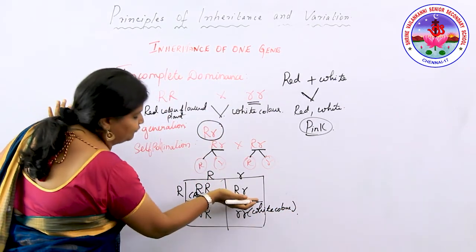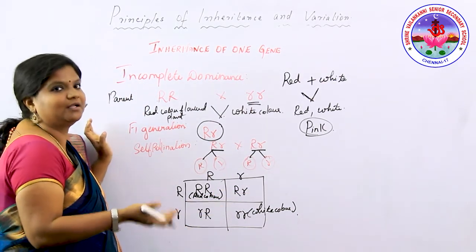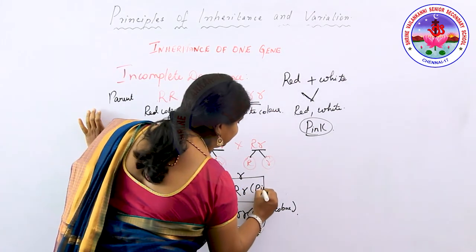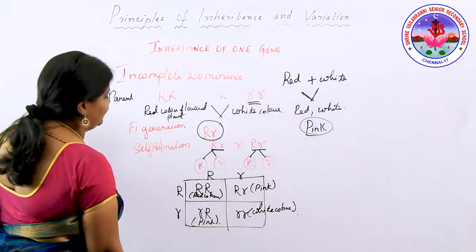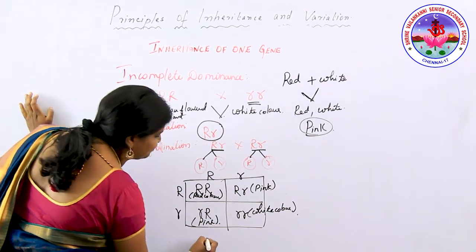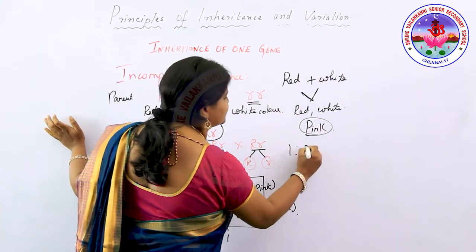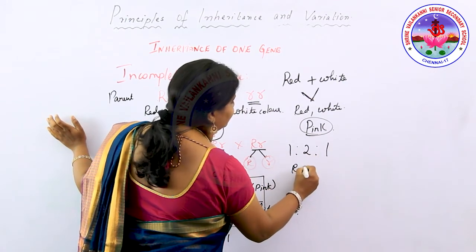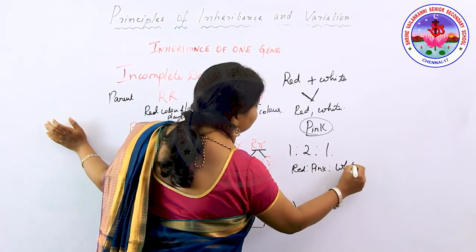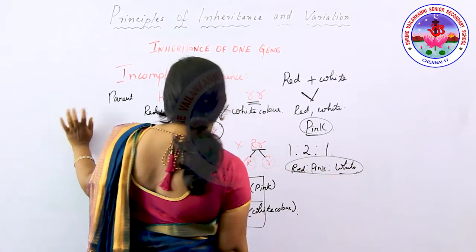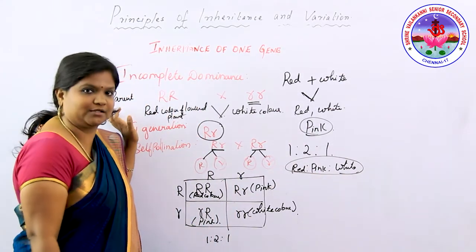But when there is the intermediate combination of capital R as well as small r, it shows the pink color flower. So this is the intermediate one that we acquire in incomplete dominance. So the ratio will be 1:2:1: red color 1, pink color 2, and again 1 white color. So this will be the ratio of incomplete dominance, where the study reveals the phenotypic and genotypic characteristic features.